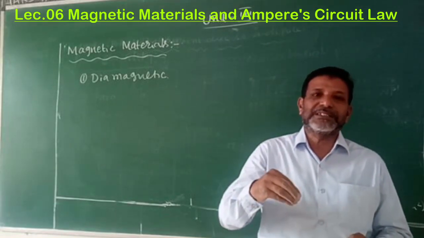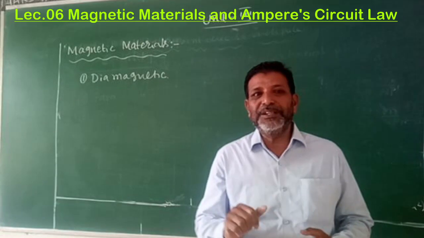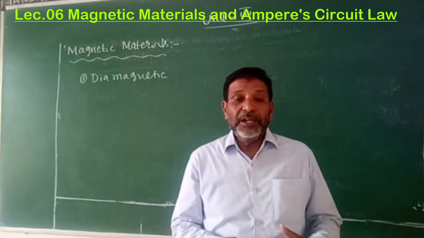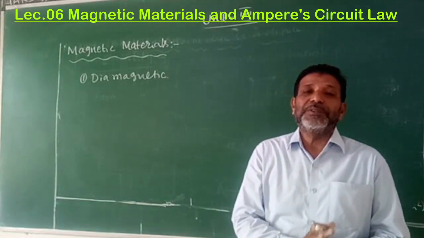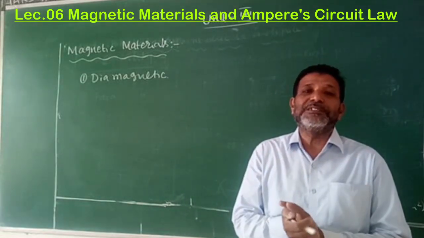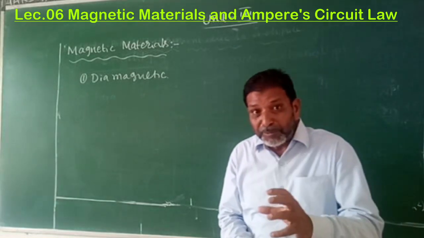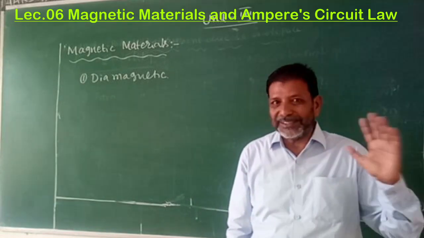Because in such cases the magnetic moment is zero. That means the initial magnetic moment is zero. Are you following? To exhibit the behavior of magnetism, the very important quantity is magnetic moment, which must be present in it. If there is a magnetic moment, then it exhibits a magnetic property, magnetic field, etc.